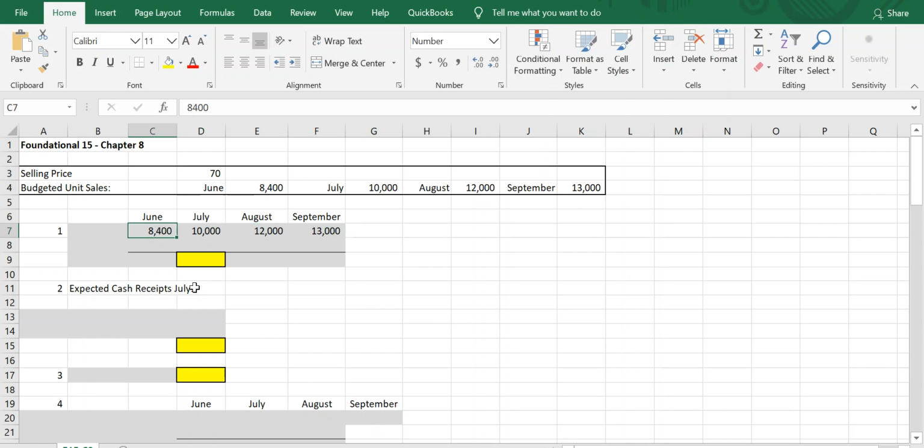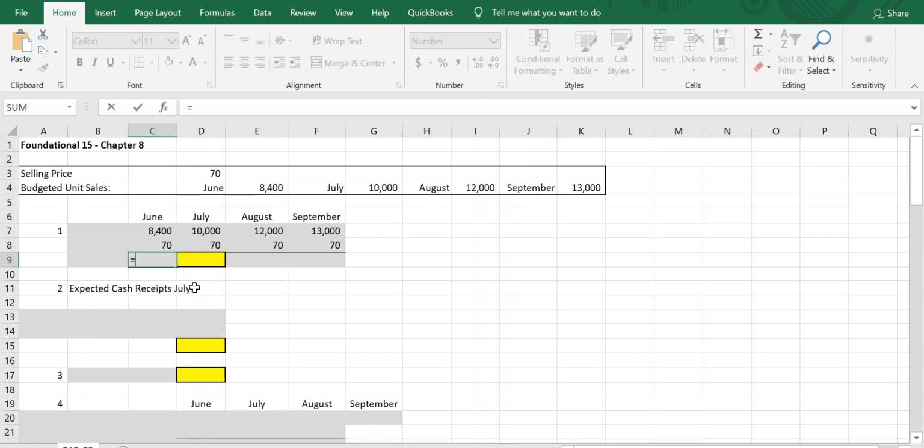Now, the problem only asks us about July sales, although since I'm an accountant, I see something incomplete and want to fill it in. So I'm going to put this $70 per unit all the way across here so you can actually calculate the sales.